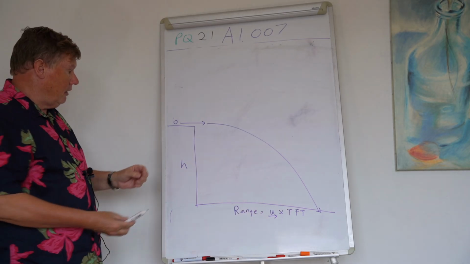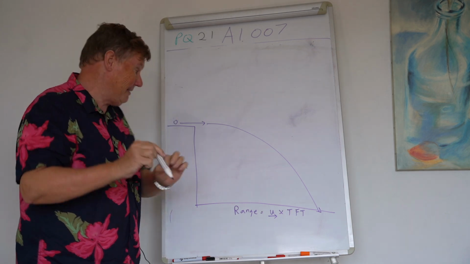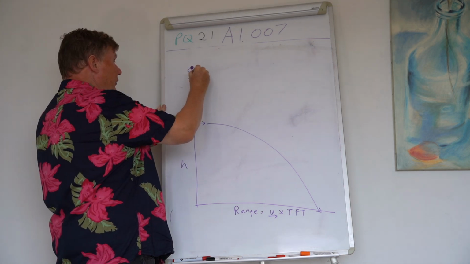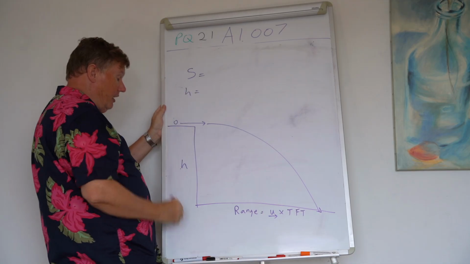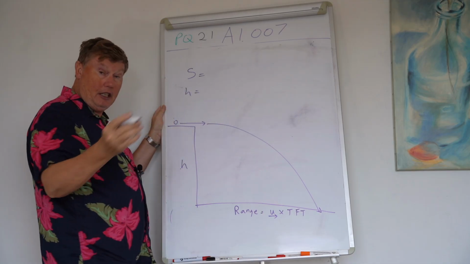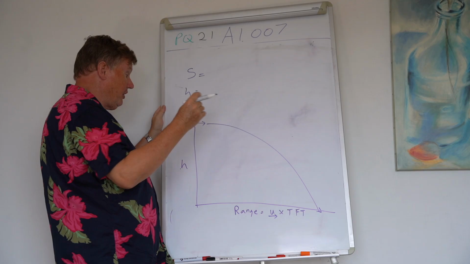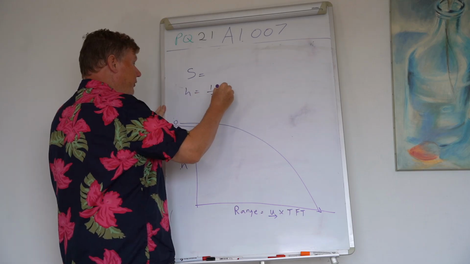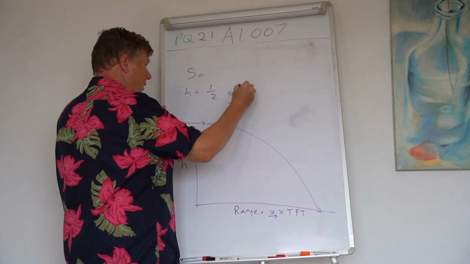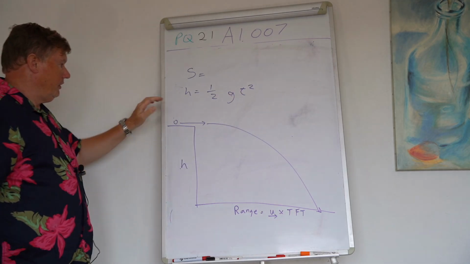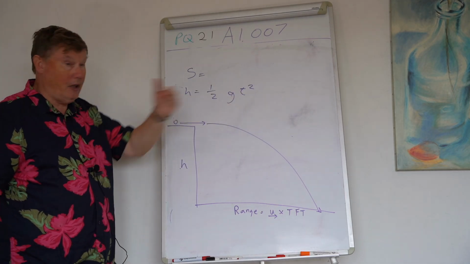You know that vertically speaking, the distance you fall, s, which in this case is h, is equal to ut plus half at squared, where u is 0. That's half g t squared. G is acceleration. So h is half gt squared, right?